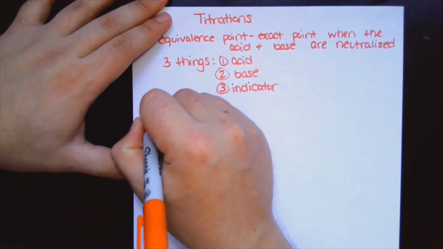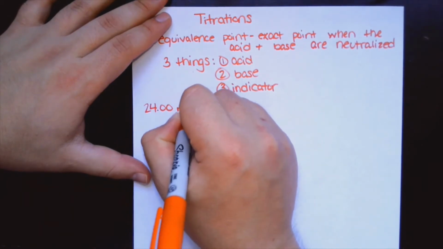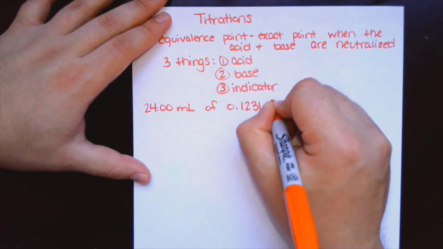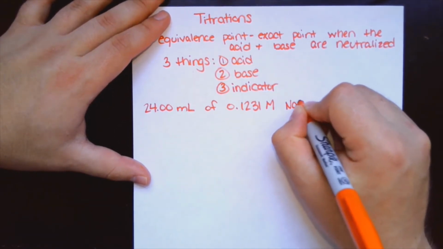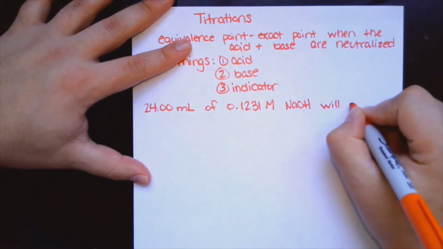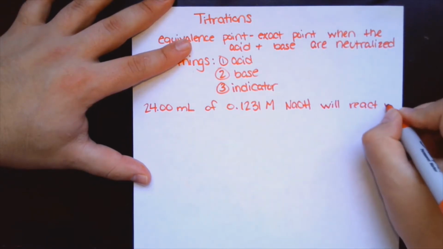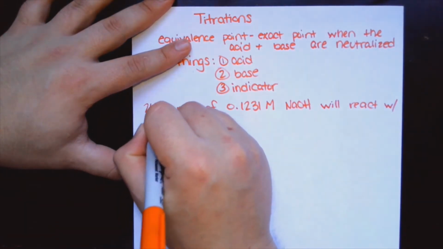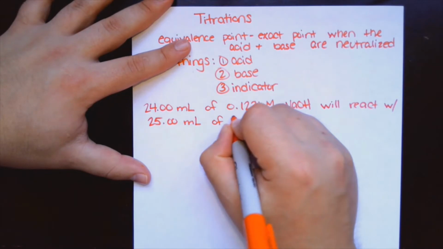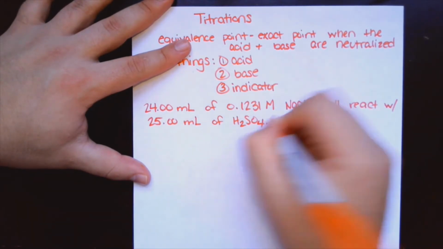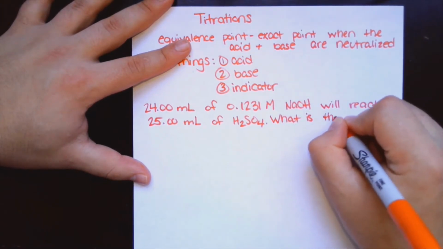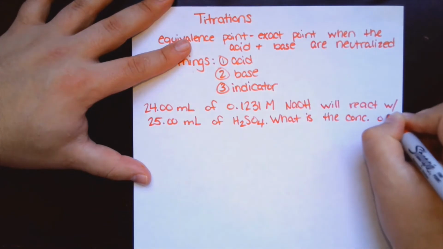So if we have 24 milliliters of 0.1231 molar sodium hydroxide, and that will react with 25 milliliters of H2SO4, what is the concentration of the H2SO4?